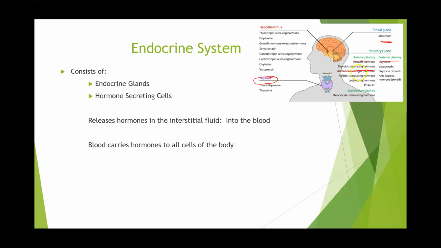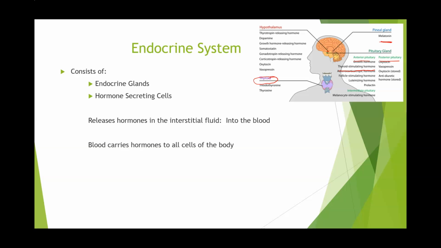So your brain here is using that hormone to talk to the thyroid gland in order to tell it to increase its production of the hormone or to decrease the production of the hormone. Again, this is an example of 2 different systems talking to each other in order to maintain homeostasis.